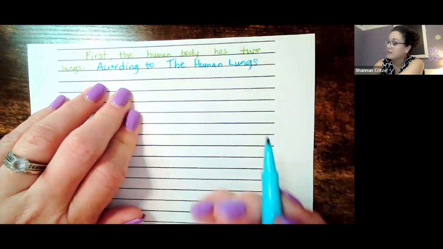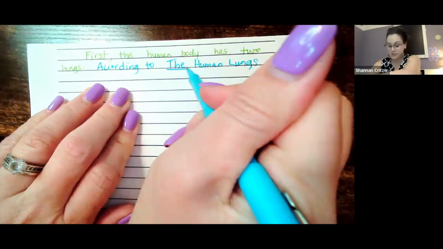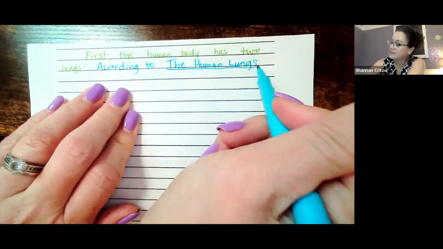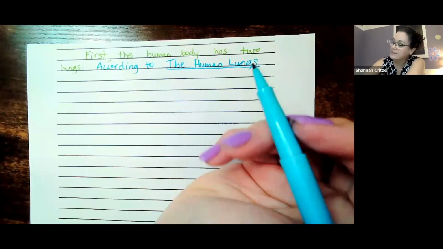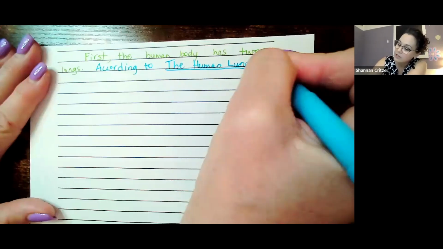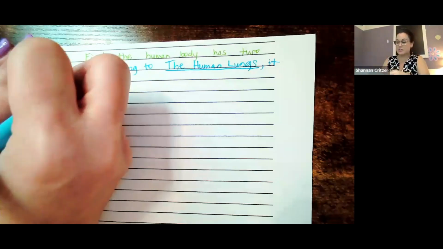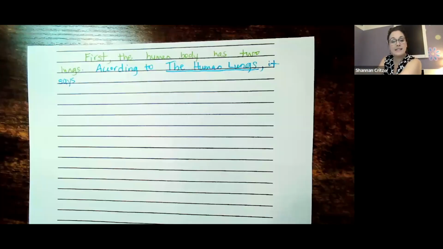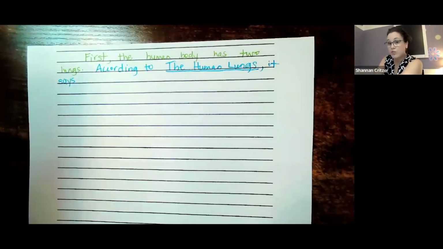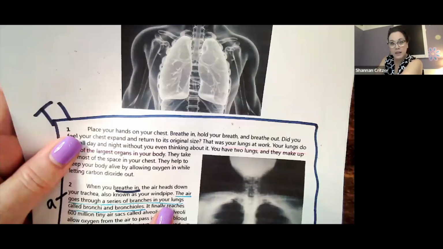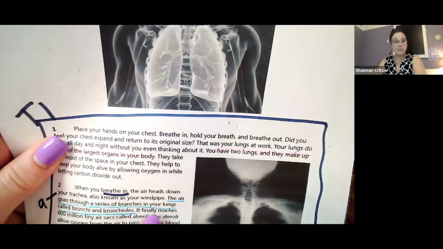That's right, I'm going to underline it. According to the human lungs, it says, or it states, now look at what I'm going to do, boys and girls. I am going to take this sentence and I'm going to copy it word for word, letter by letter, and I'm going to put it into my text set.